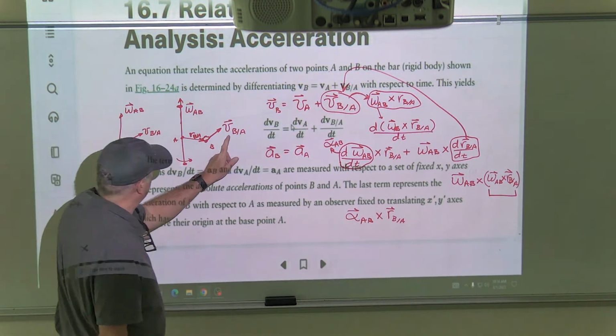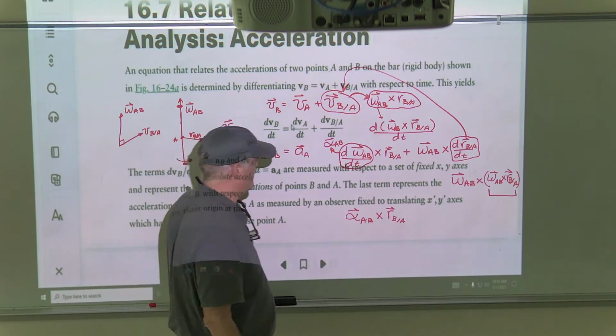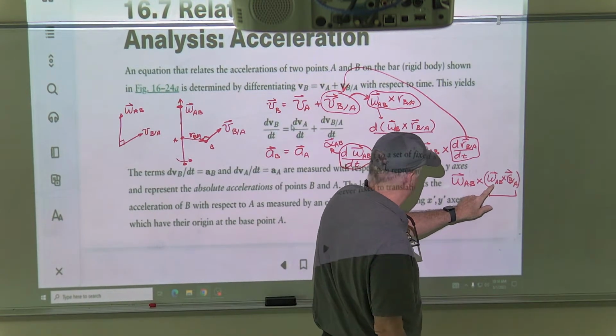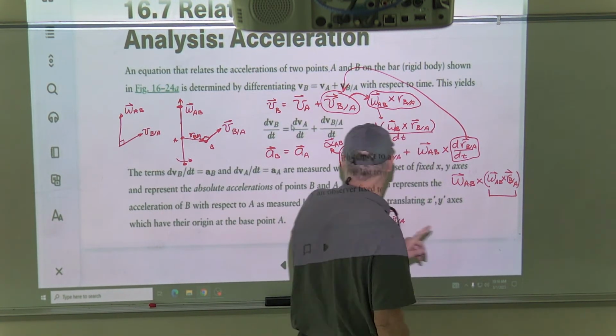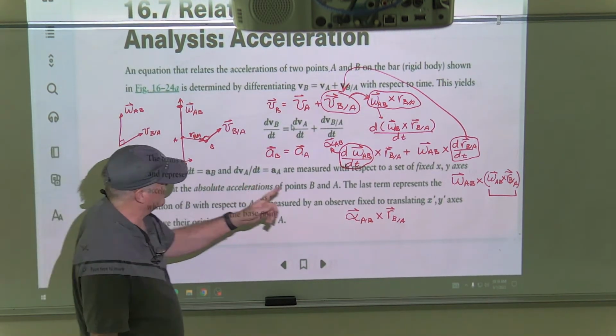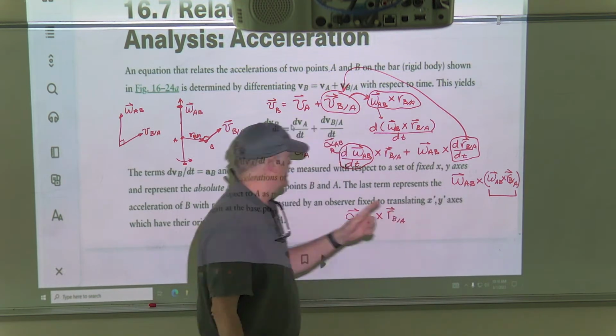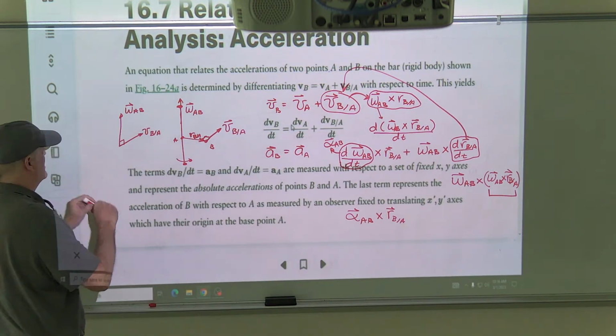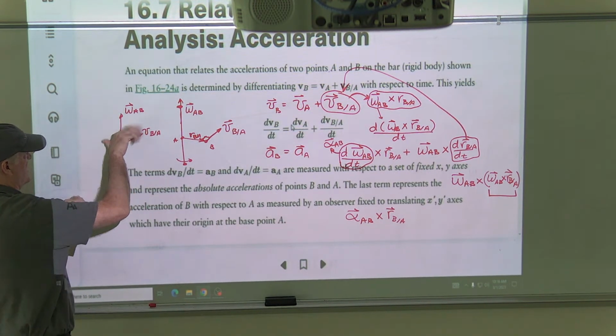Remember, the resultant of a cross product is always perpendicular to each component that produced it. Now, I'll look at omega cross this. So take my hand, move it there.